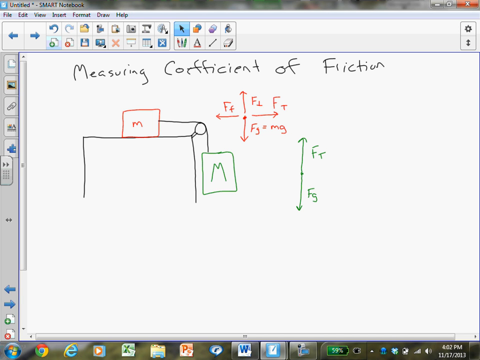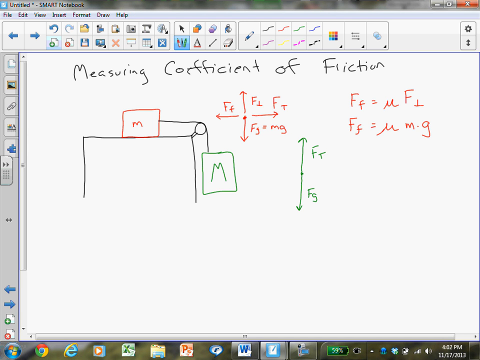So let's look at some of these. Well, we know, first off, the friction force in the red one here is mu F perpendicular. And we also know that F perpendicular is m times g, little m in that case.